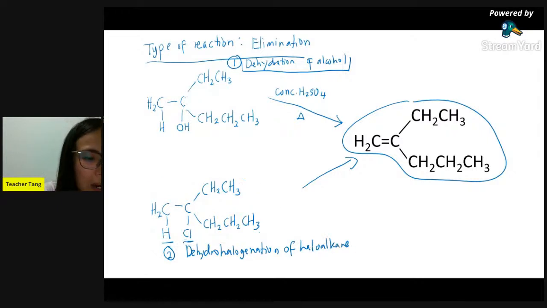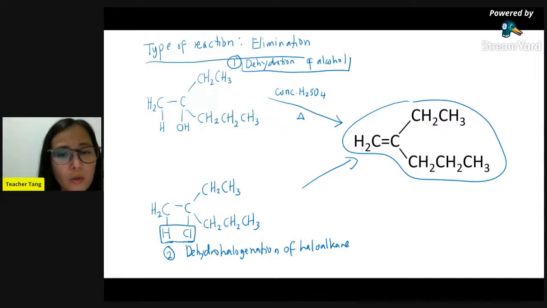From the haloalkane, we are removing HCl. HCl is an acid, so to remove it, we need a base. An example of the base that we can use is KOH.